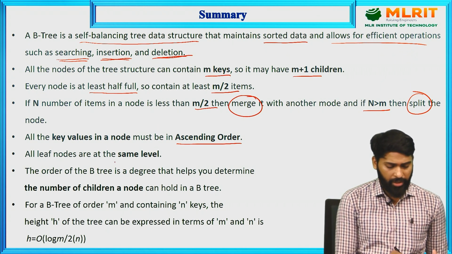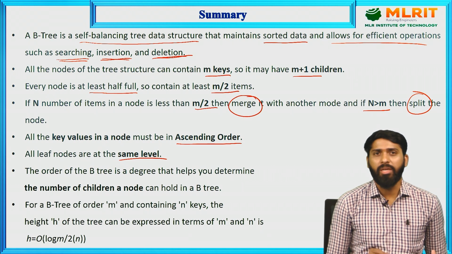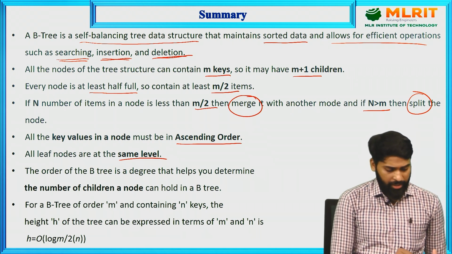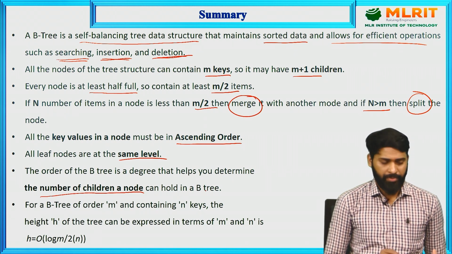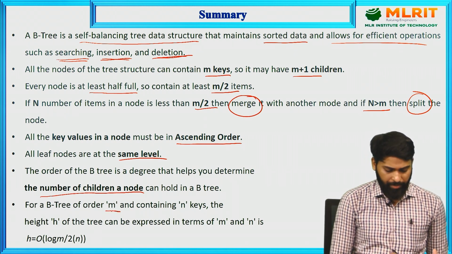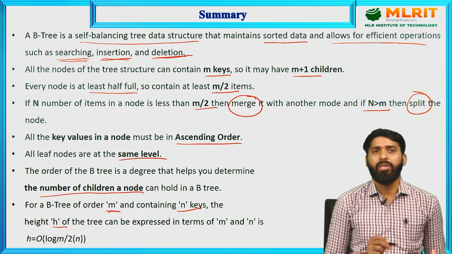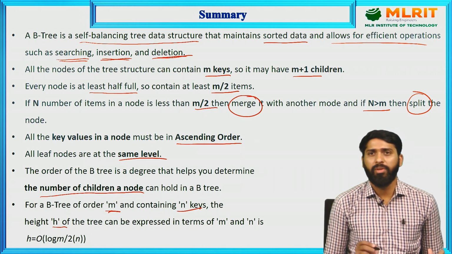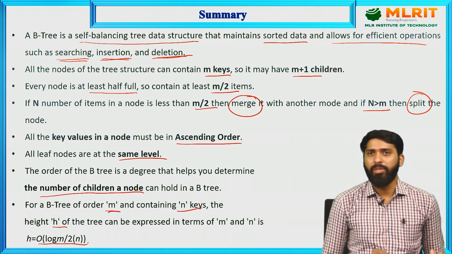All leaf nodes are at the same level. The order of a B tree is a degree that helps you determine the number of children a node can hold in a B tree. For a B tree of order m and n keys, the height h of the tree can be expressed in terms of m and n as big O of log base m by 2 of n.